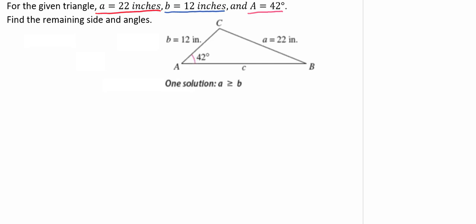So here we can see that the pieces of the triangle that we were given were a side and an angle. So this is kind of an ambiguous case here because we could end up with one solution, no solution, or two solutions.